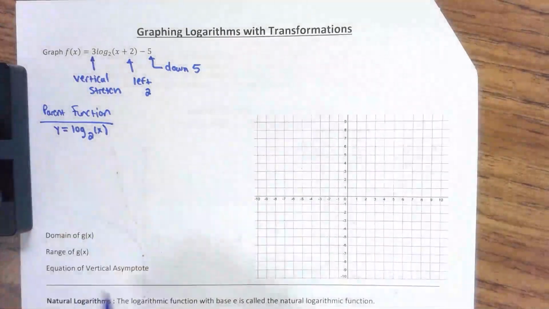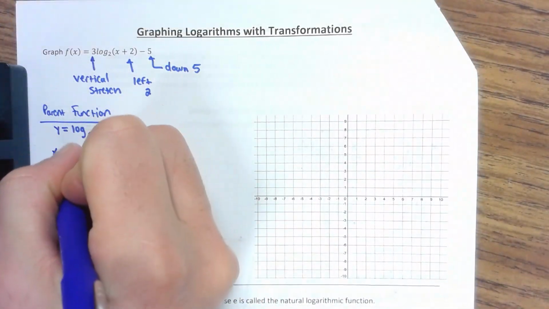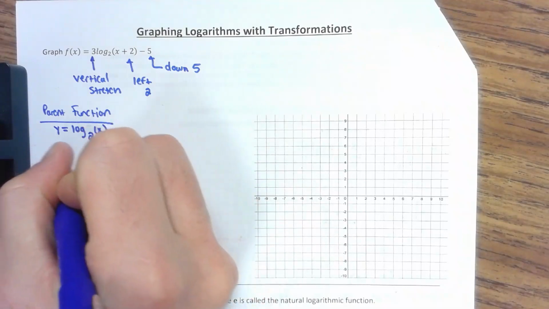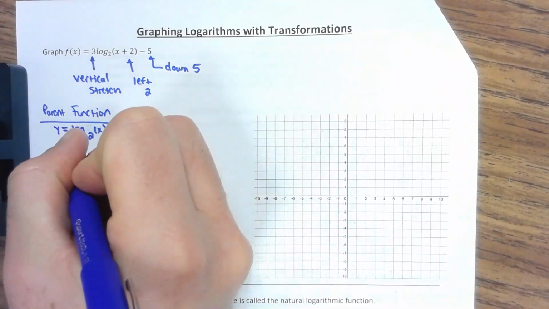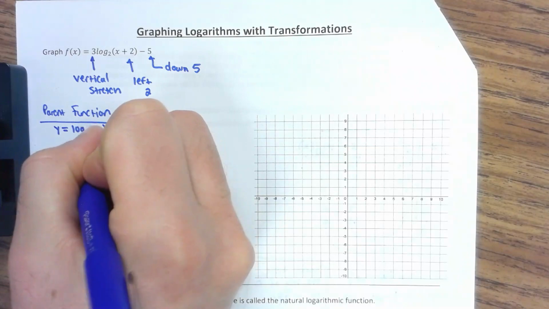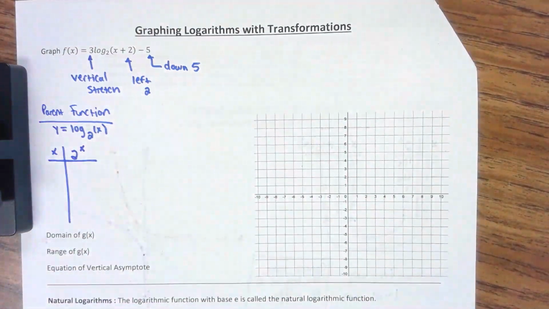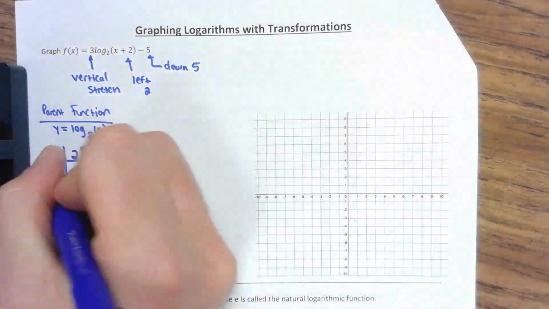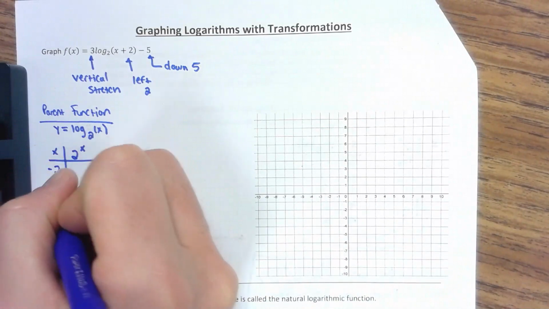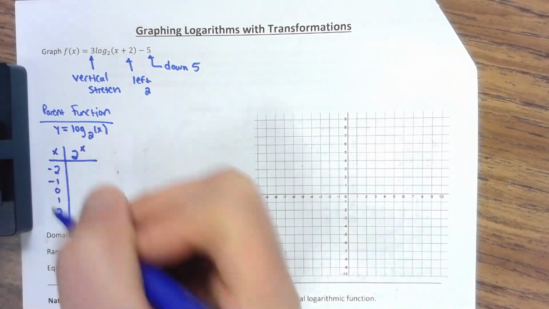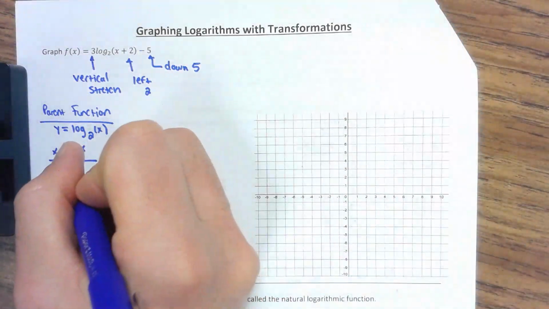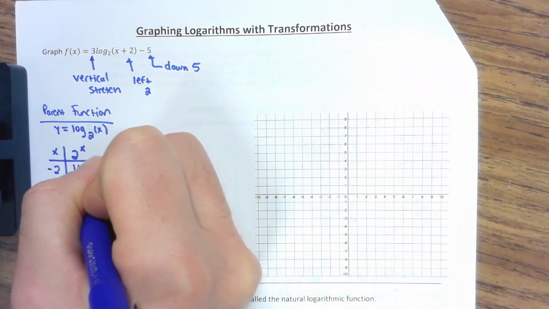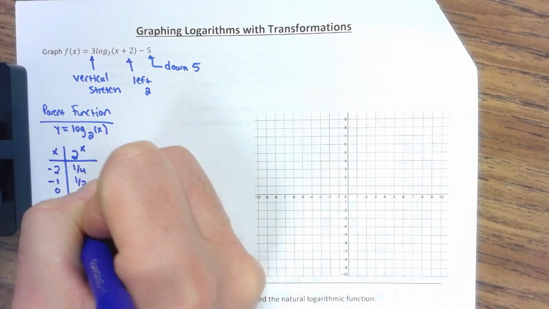Now, in order to graph this, we're going to start with x values and y values for its inverse, which is the base to the power of x, so the exponential. -2 to 2 will always be values we start with. And I get 1/4, 1/2, 1, 2, and 4.